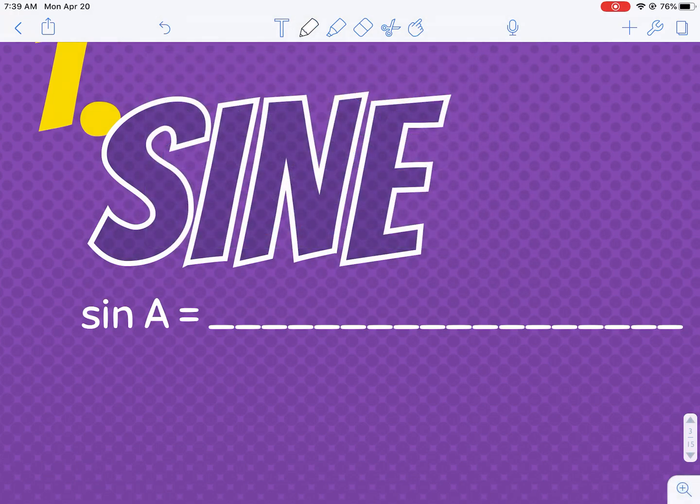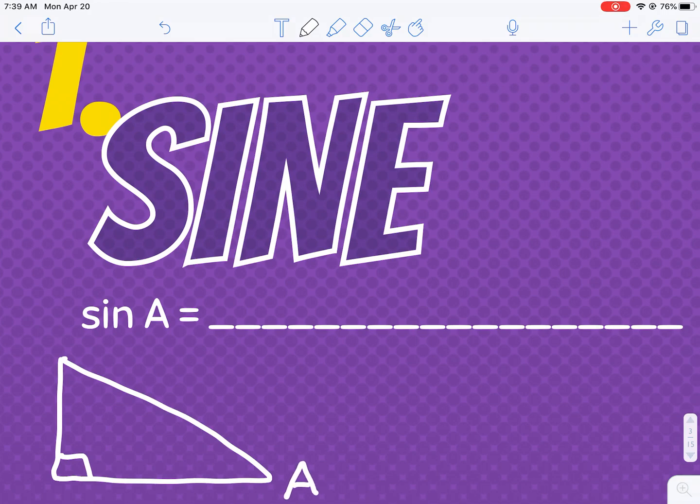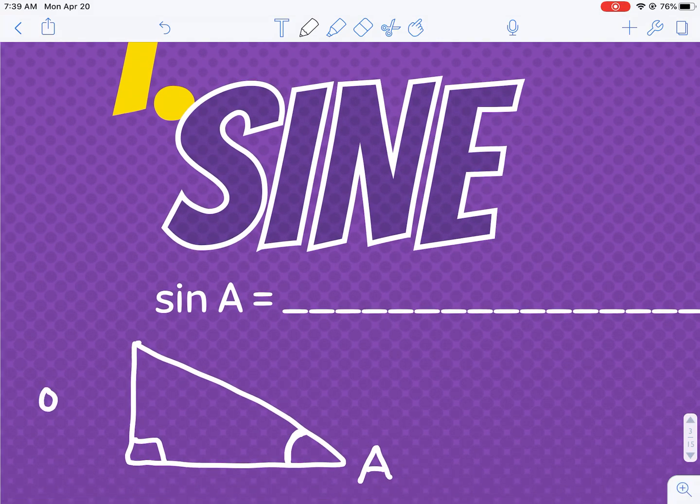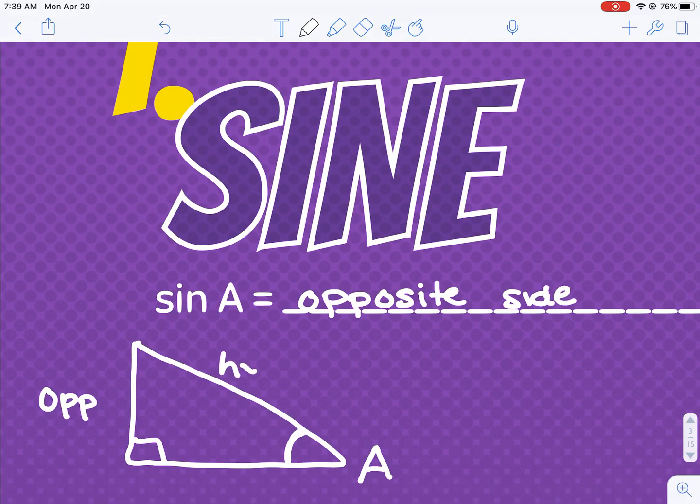We're going to talk about sine first. So if I have a triangle like this, there's my right angle, and A is over here. And I should mention these only work in right triangles for now. If that's angle A, the sine of A is the side opposite angle A, so across from angle A, so not touching angle A, divided by the hypotenuse of the triangle.